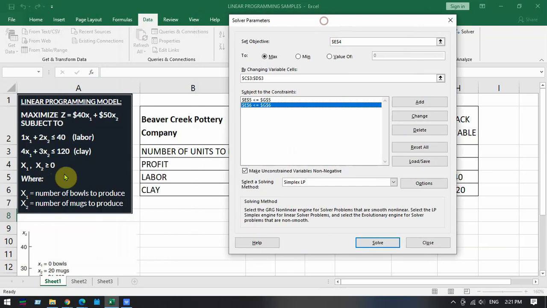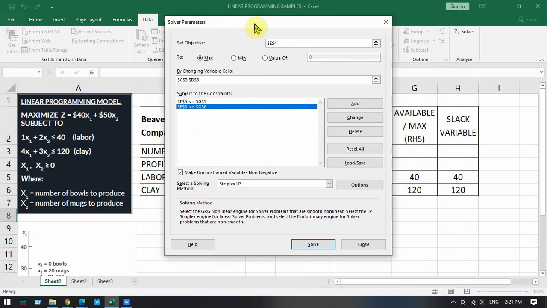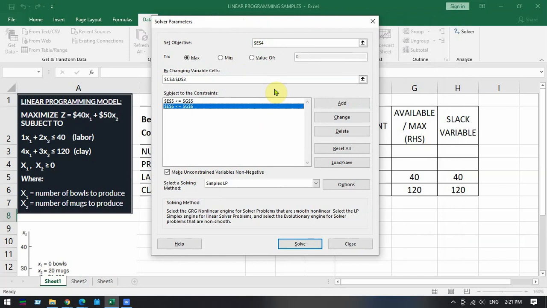We have not added these constraints to our table here, since I think that is automatic for us and we don't really need to write that down. But in the solver, we have to check that, so that the solver will read it as that and ensure that it won't consider any negative numbers for us. So make sure this is checked.